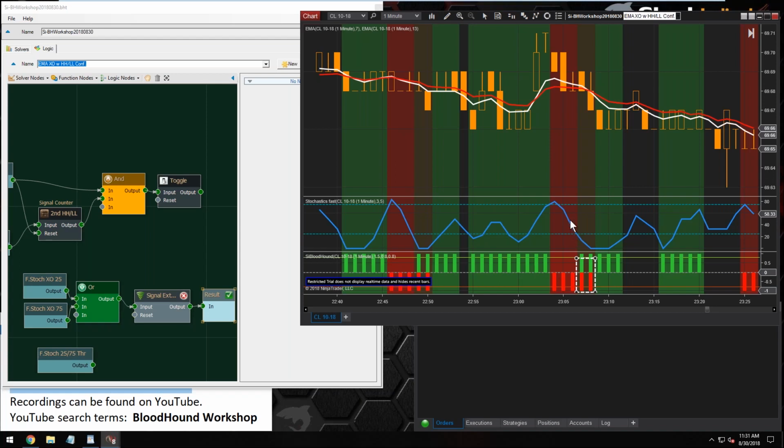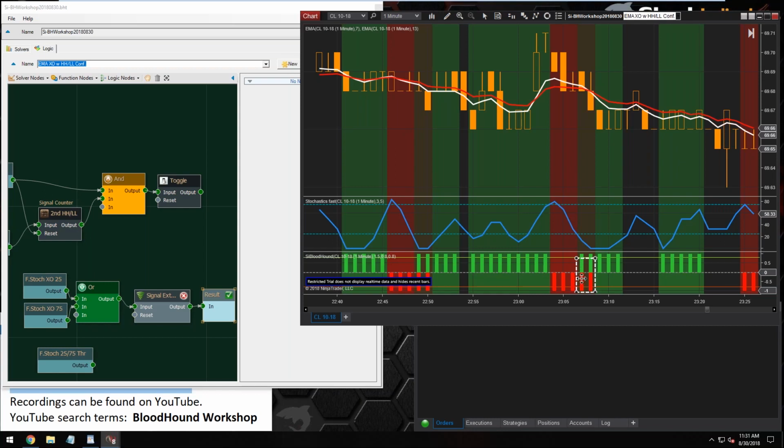So when this fast stochastic crossed up and generated the short output, let's say the stochastic crossing the 25 level negates the stochastic crossing 75. Then we don't want a long and a short output at the same time.